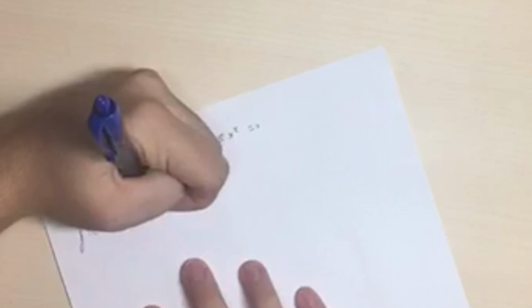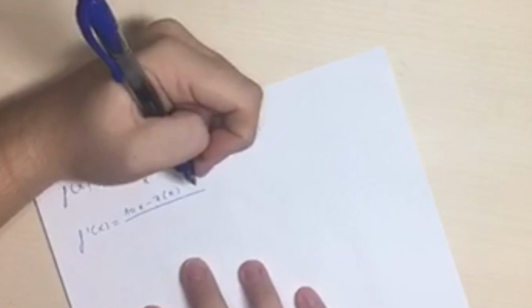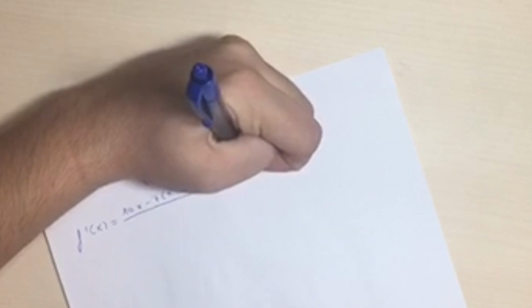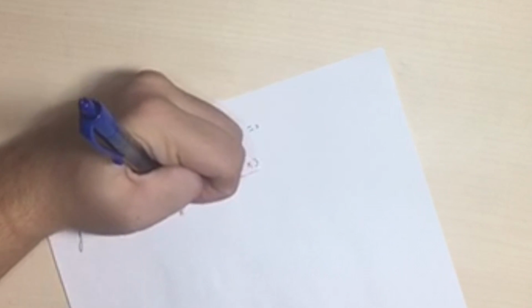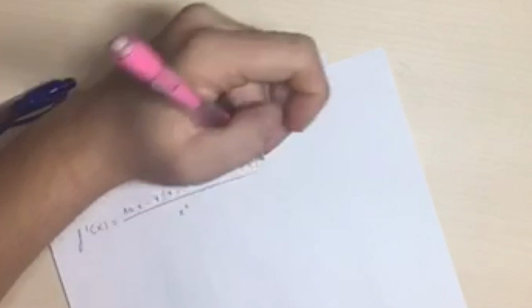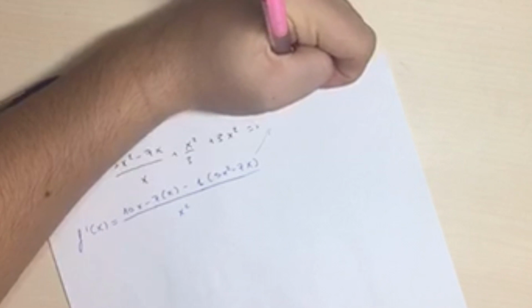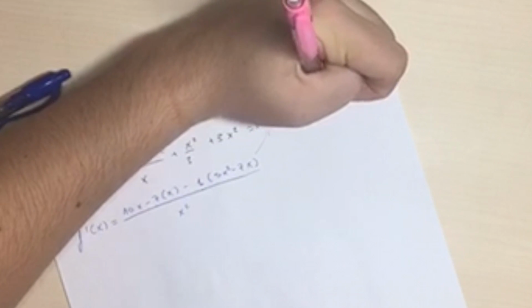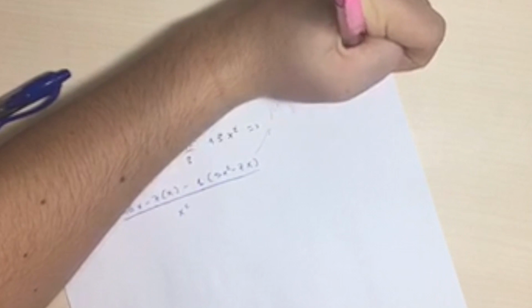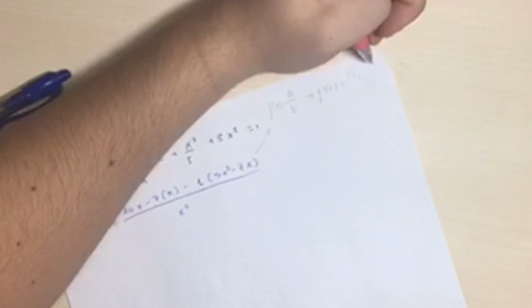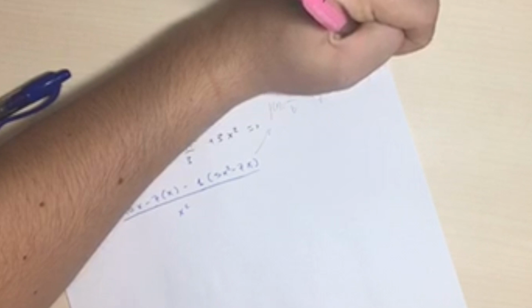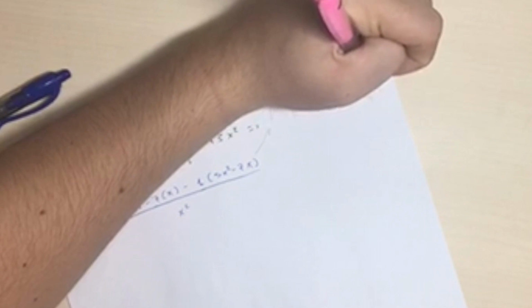So in this case it's 10x minus 7 multiplied by x minus 1 multiplied by 5x squared minus 7x divided into x squared, because as I stated, the main formula is: imagine we have a over b f of x, so the derivative is the derivative of a multiplied by b minus a multiplied by b derivative over b squared.